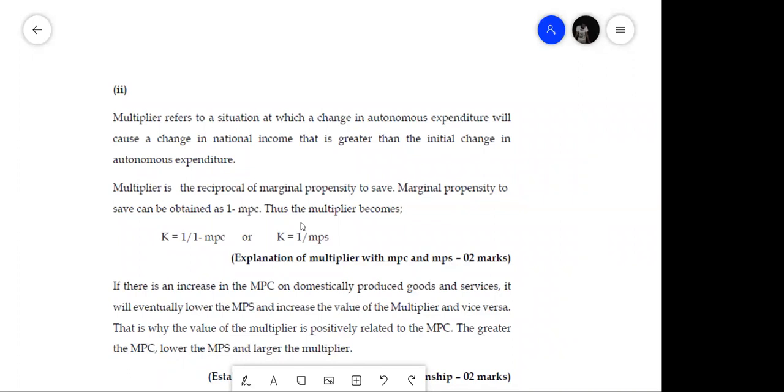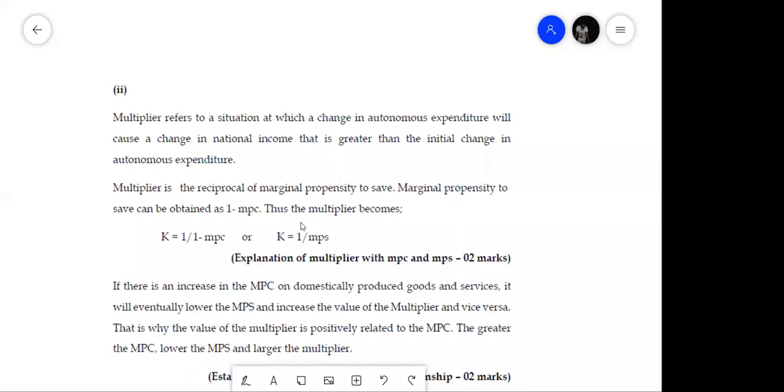Now remember guys, in any question, sometimes the question might be hard. So if you don't know what to write, write the basics at least, what you know in that area, because you can get marks. You might not know why the MPC and this thing have a positive relationship, but you know what the multiplier is. You know how the multiplier is calculated, right? So you would have got 2 marks there.